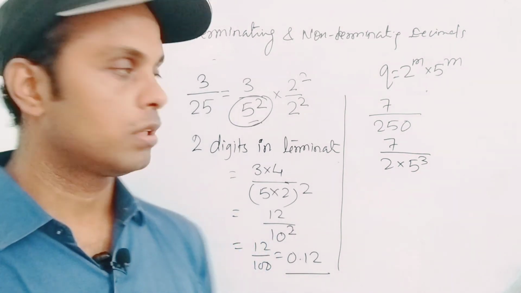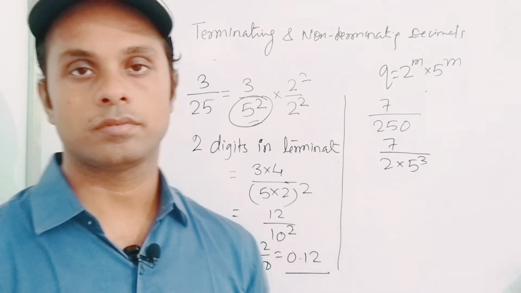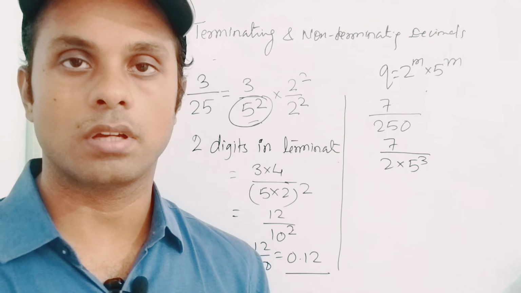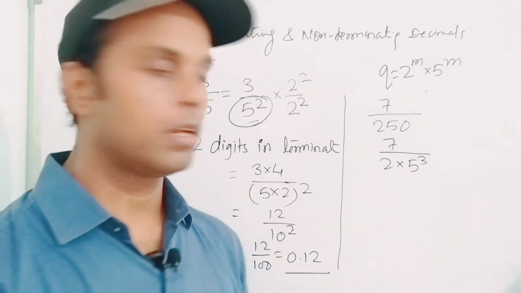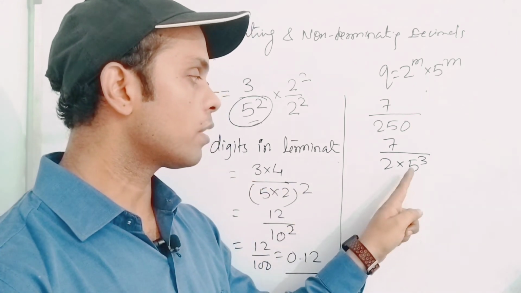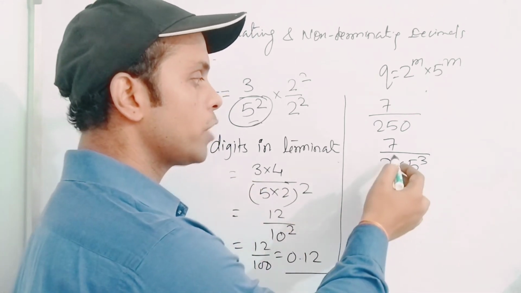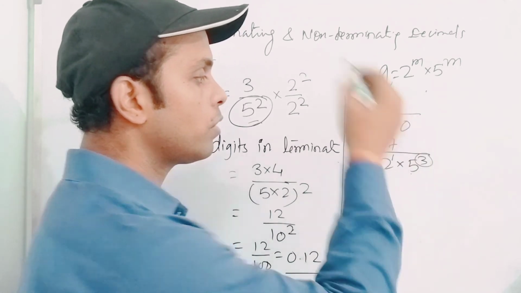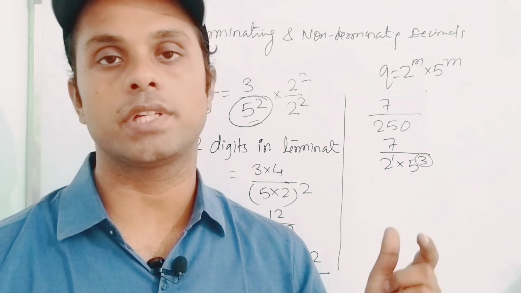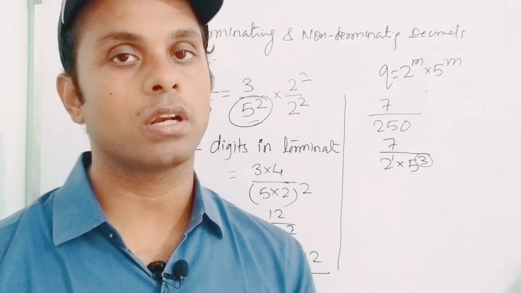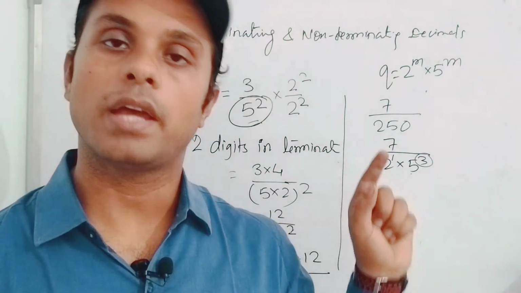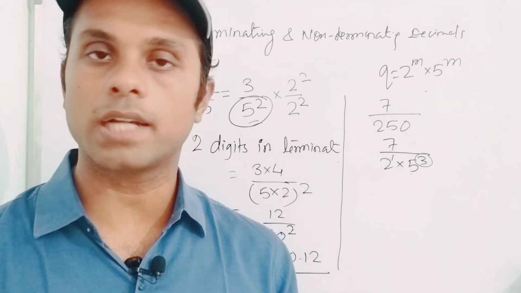Now look, it's already in the form of 2 raised to the power m into 5 raised to the power n, with prime factors 2 and 5 only. Now what is the highest power here? The highest power is 3. It's 2 raised to the power 1 and 5 raised to the power 3. So the highest degree always tells us the number of digits in its decimal expansion. That means there will be 3 digits in its decimal expansion. Fine, we got the answer.